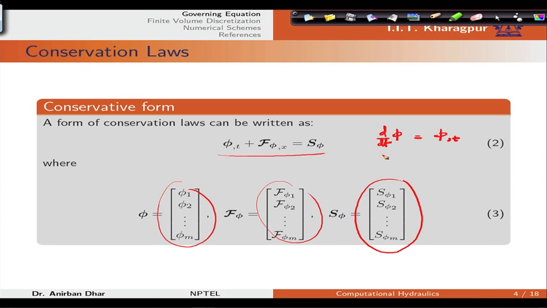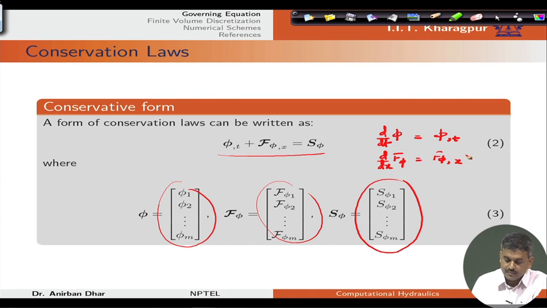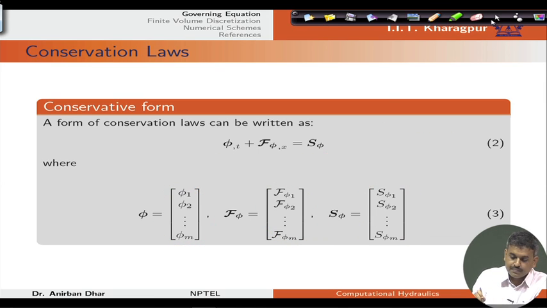Similarly, for d by dx of f phi, we can write f phi comma x. This is a short notation for derivatives. So, with this form we can start our problem.